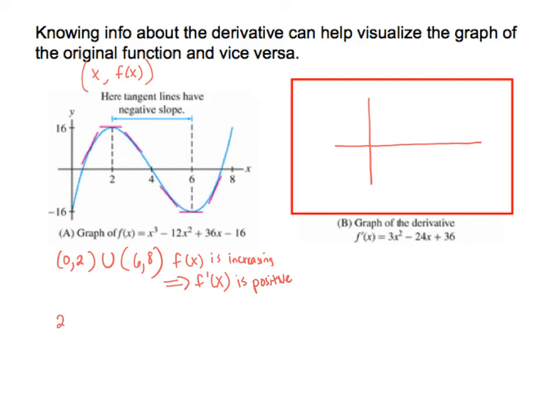The interval 2 to 6, f of x is decreasing. And therefore, f prime is negative.